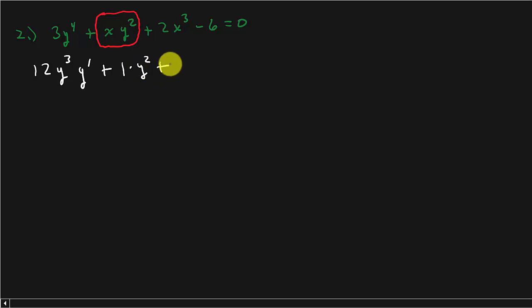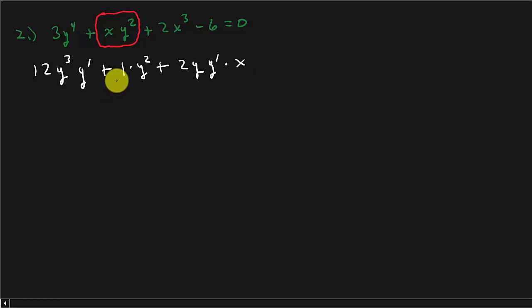Plus, now it's the derivative of the second function. So what's the derivative of y squared? It's 2y times y prime, since I took the derivative of a y term. That's the derivative of the second term times the first term. All right.